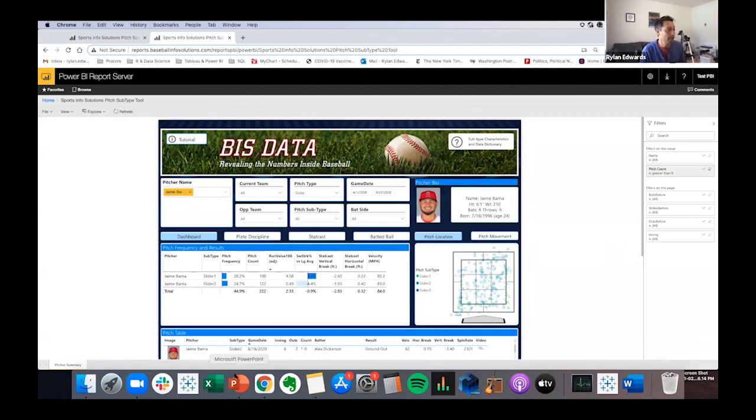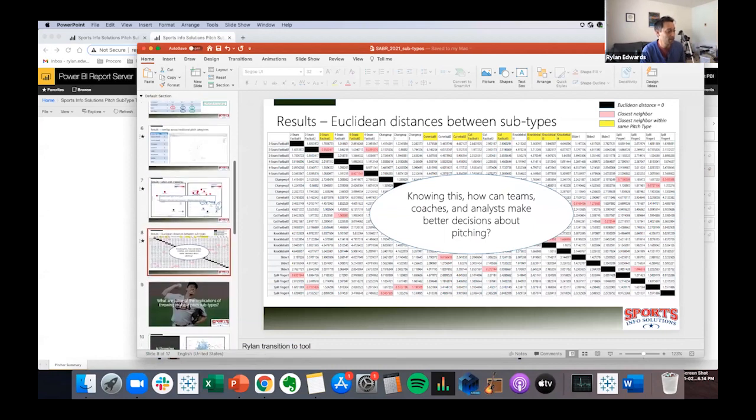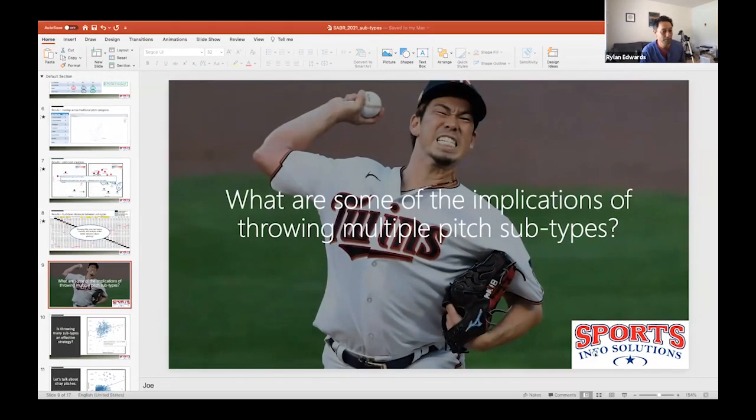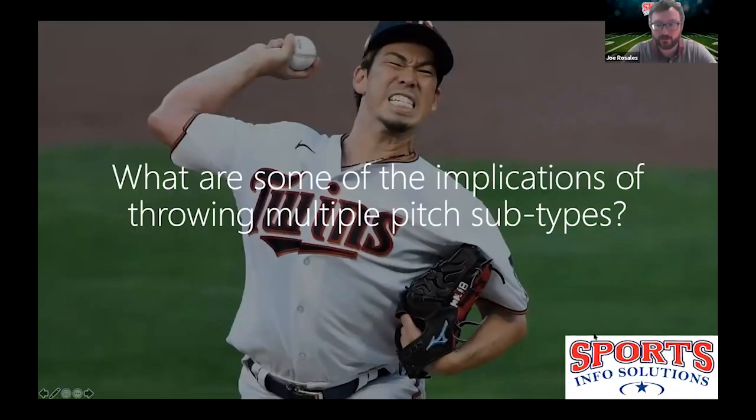And so with that, I'm going to toss it over to Joe, because I think that's a nice transition to what are some of the implications of throwing subtypes. Yeah, Joe? So great. What Rylan just went through was a demonstration of the tool that we built.